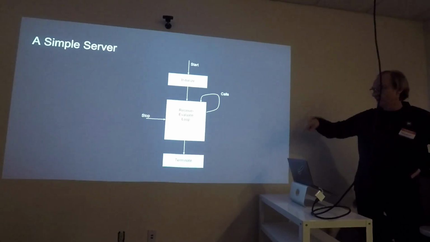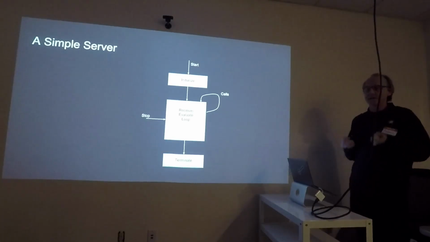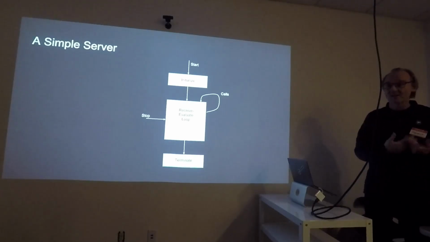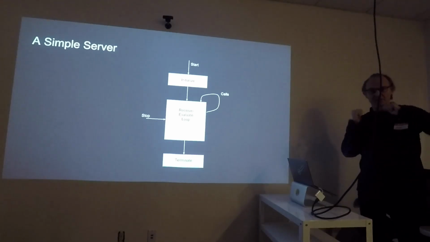And terminate is actually the opposite of initialize, where we can take the state and save it away, persist it or do whatever it is. And then when we are initialized again, we can find it and then restore ourselves.